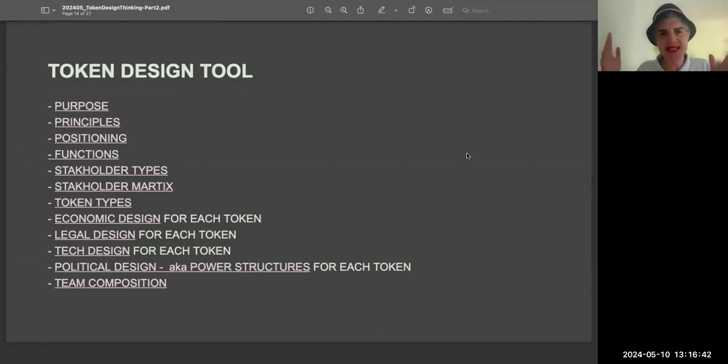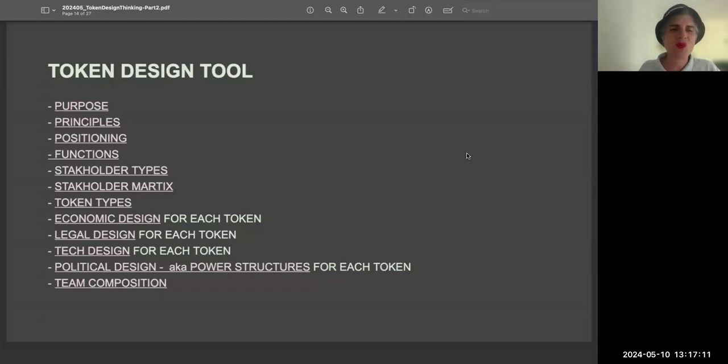This will help us identify which stakeholder in your network will fulfill which function, all right? So the next step is defining the stakeholder types, and then identifying in more detail what their role is, which functions they fulfill, how they get incentivized, and what their obligations are.